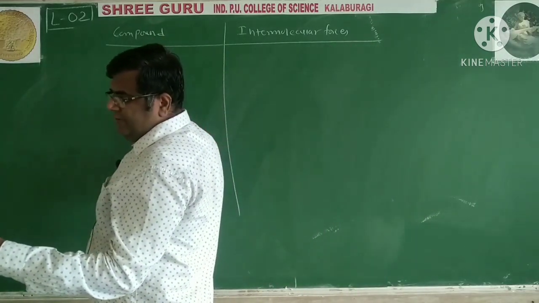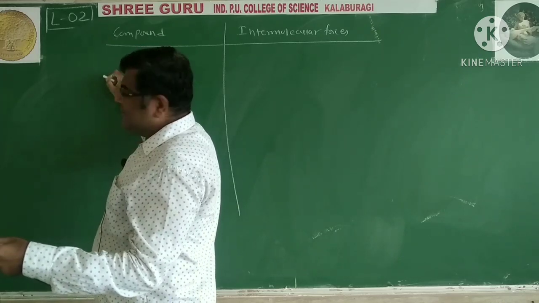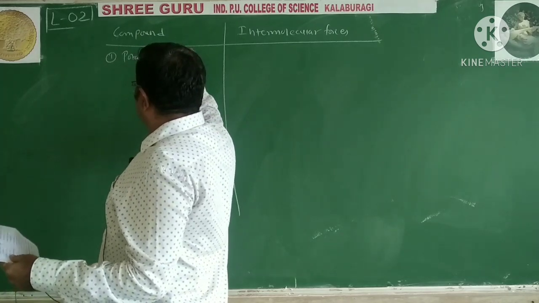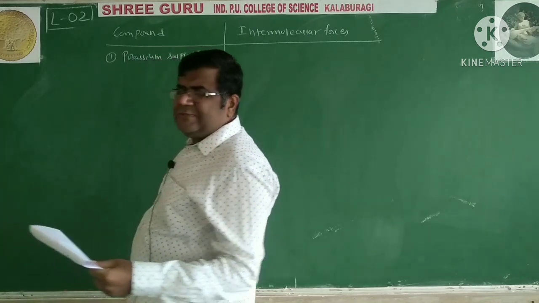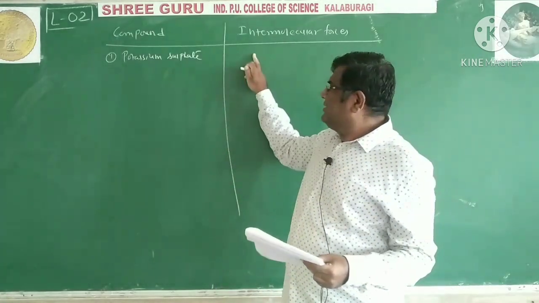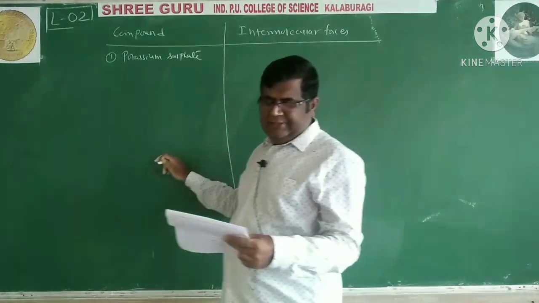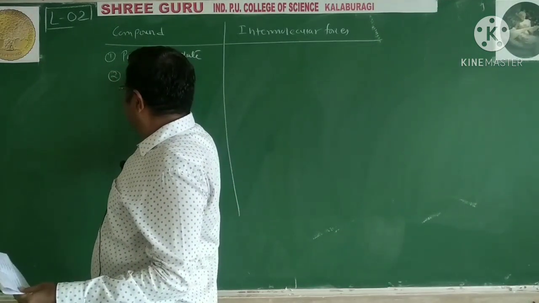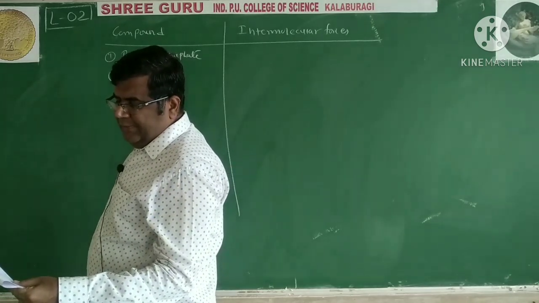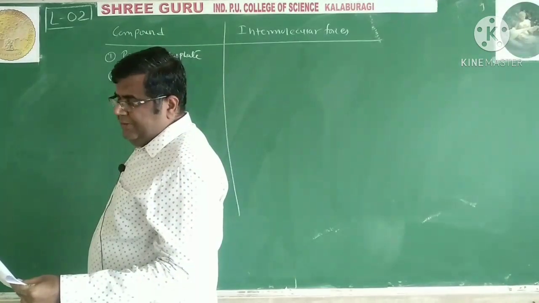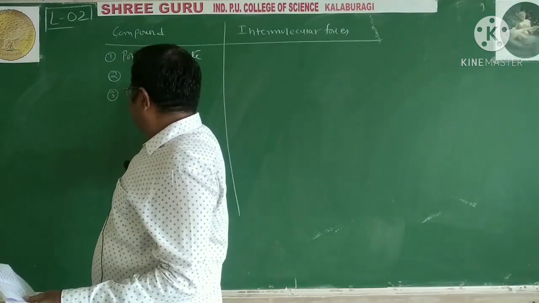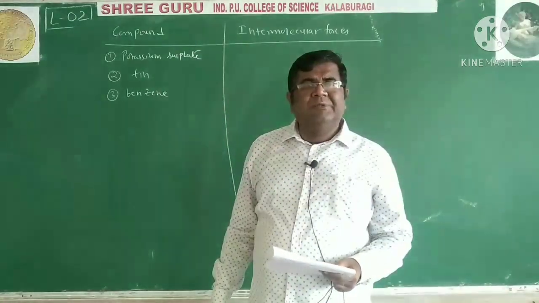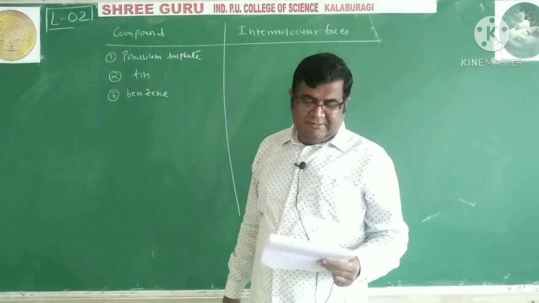For example, potassium sulfate. Which type of bond is present? Ionic bond. That you have to write here. Electrostatic attraction, like that. Then tin. Tin is a metal, metallic bond. Then benzene is a hydrocarbon. London forces exist in it.